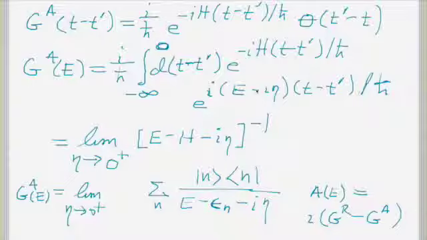And the spectral function, since it's the sum of G^R and G^A, and they have poles that are complex conjugates of each other, is going to have complex conjugate poles, both above and below the real axis. So it's not going to be analytic in any half plane. If you want something that's analytic in a half plane, you need either a retarded or advanced green function.